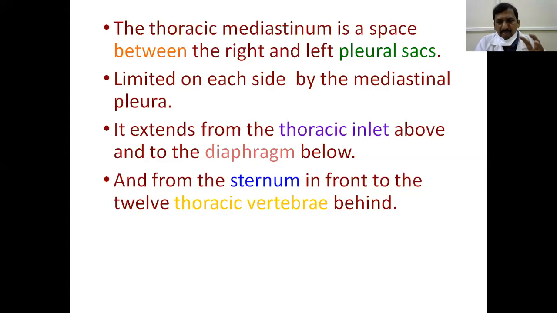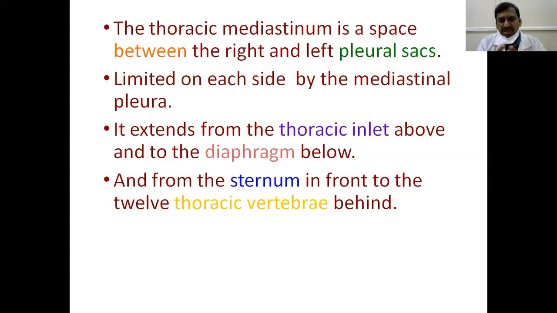And next is the middle mediastinum, whose structure is the fibrous pericardium. Within the fibrous pericardium, there is the heart and great vessels, that is the roots of the pulmonary trunk, ascending aorta, pulmonary veins, pulmonary arteries, bifurcation of the trachea, and especially the lymph nodes present in this area.